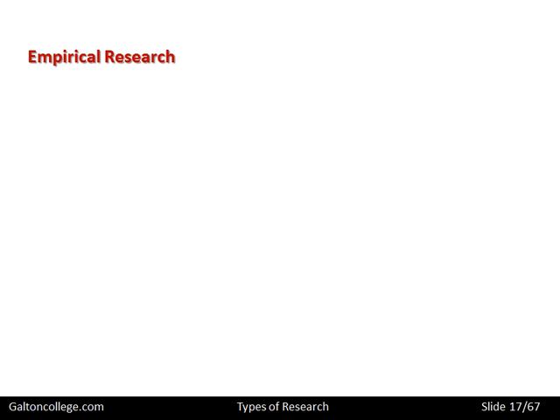Empirical research, well, empirical means done by experiment, and a lot of times we don't actually experiment, so it's a slight abuse of the word. But empirical here means practical research, looking at data and looking at issues to try and work out from the data some underlying pattern.